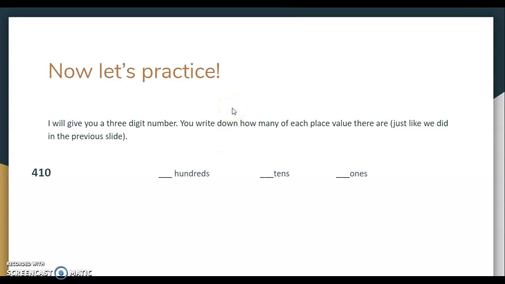Alright, let's get started. Your first number is 410. Go ahead and write down on your paper how many hundreds are in that number, how many tens, and how many ones.